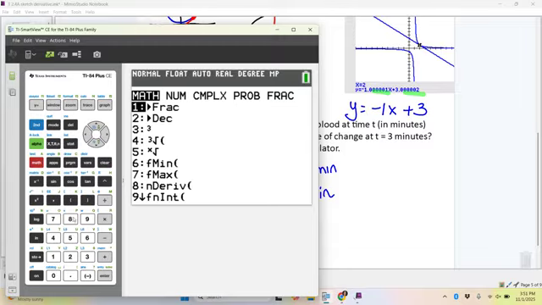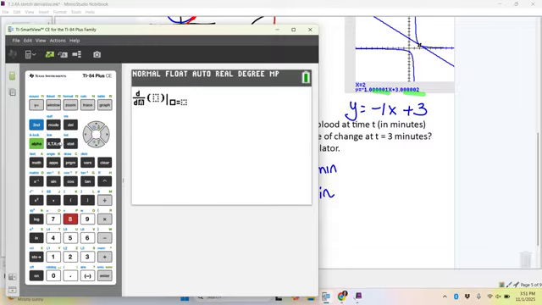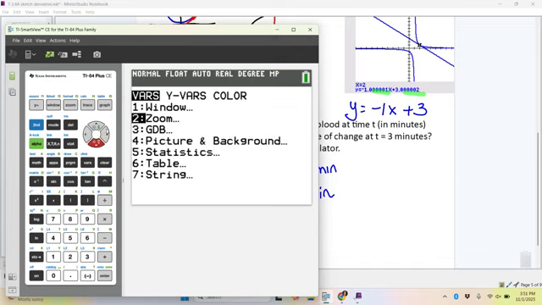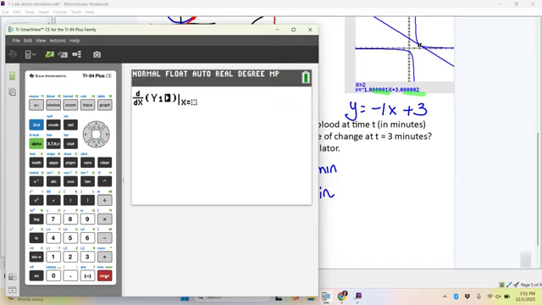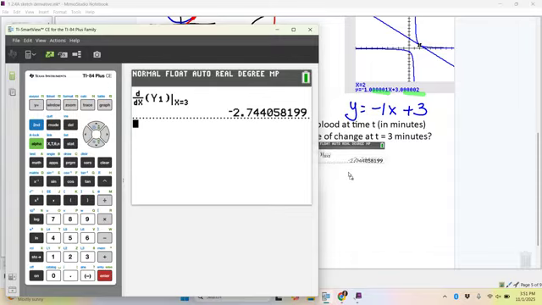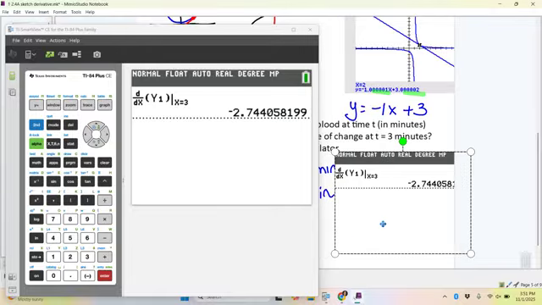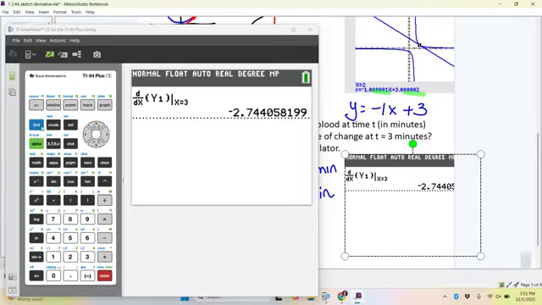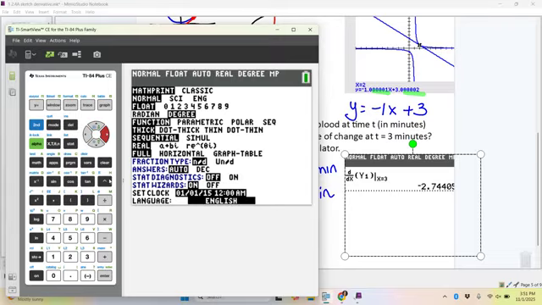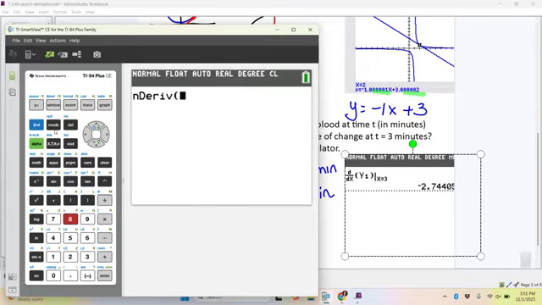Math, choice 8 is nDeriv, x, whoop, y1, 3. And then let me do the other way for you classic calculator people. Math 8. Oh, wait, let me show.